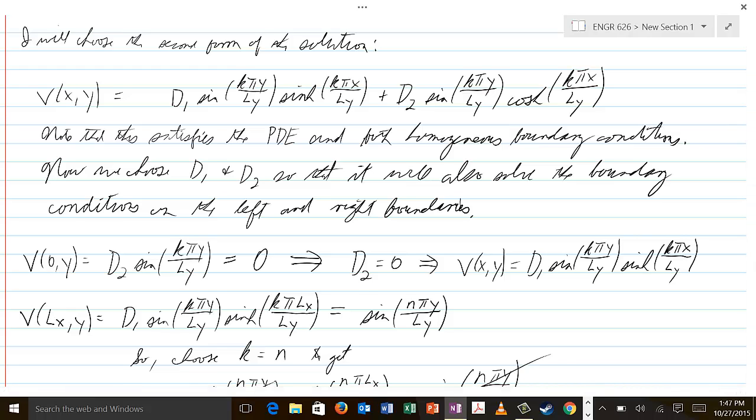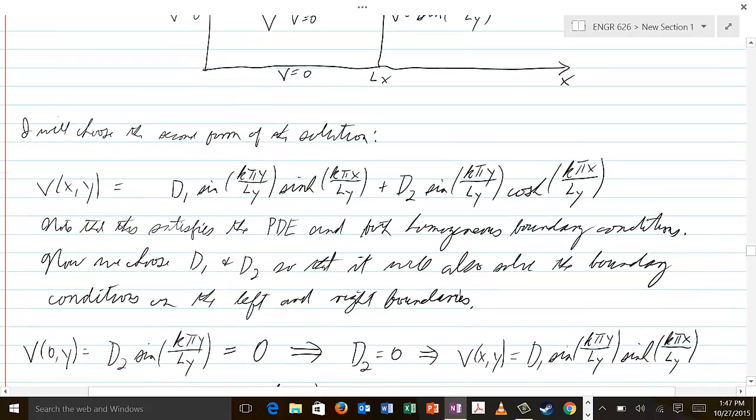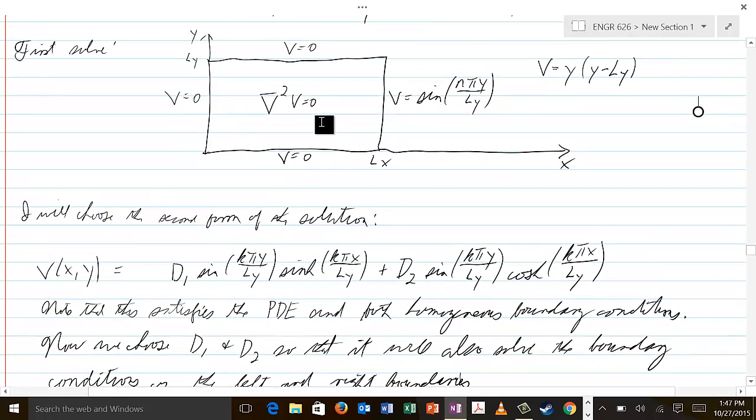we see that, remember that along the left boundary, we have V is equal to 0.